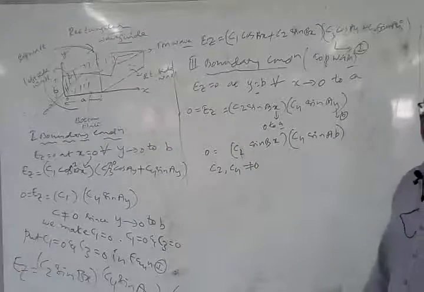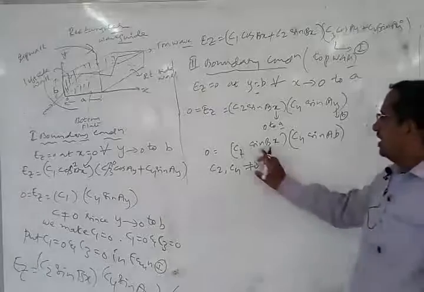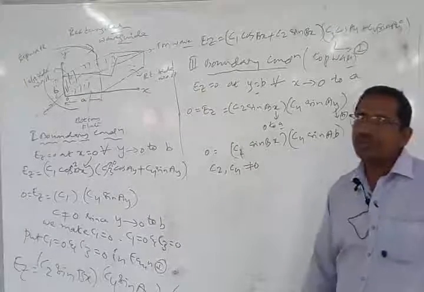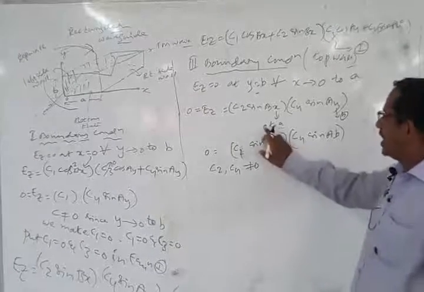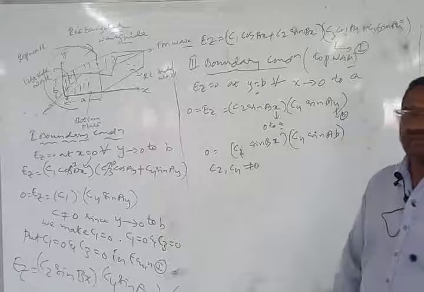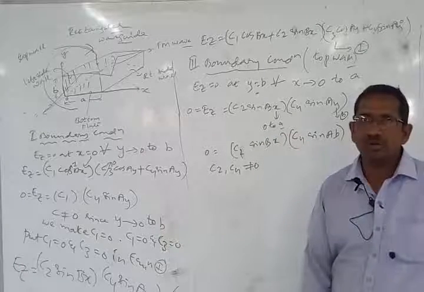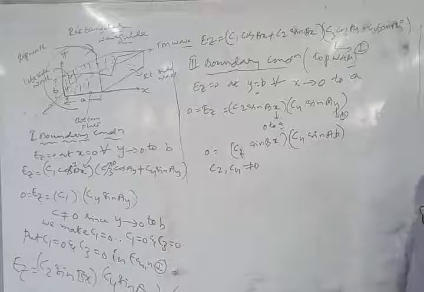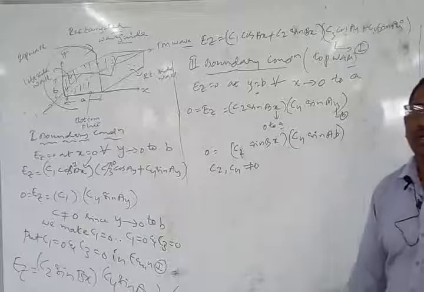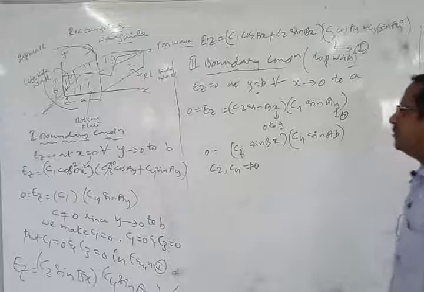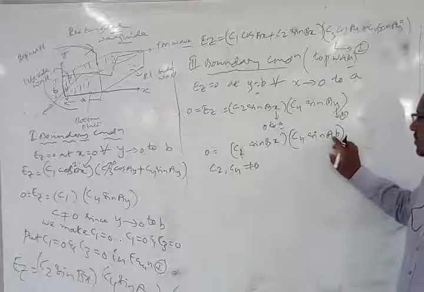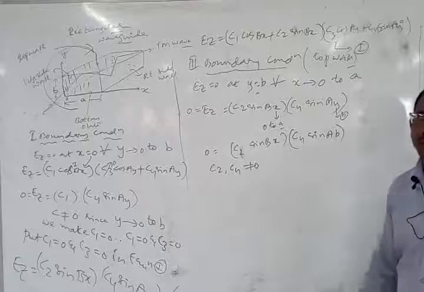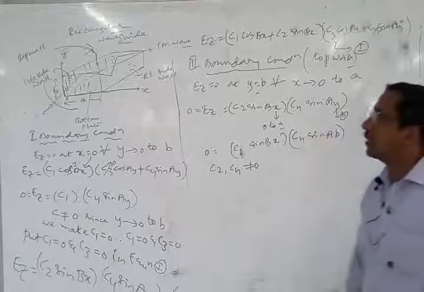Next, what can I make equal to 0? Can I make sin Bx equal to 0? Because x is varying from 0 to a, I cannot make it equal to 0. Now the only one left over is sin Ab. Now b is fixed. B is fixed means what? It is a uniform constant parameter, uniform totally over that particular top wall.